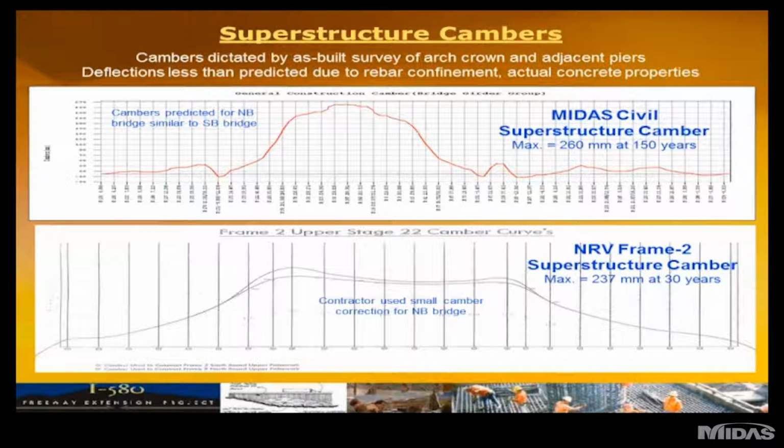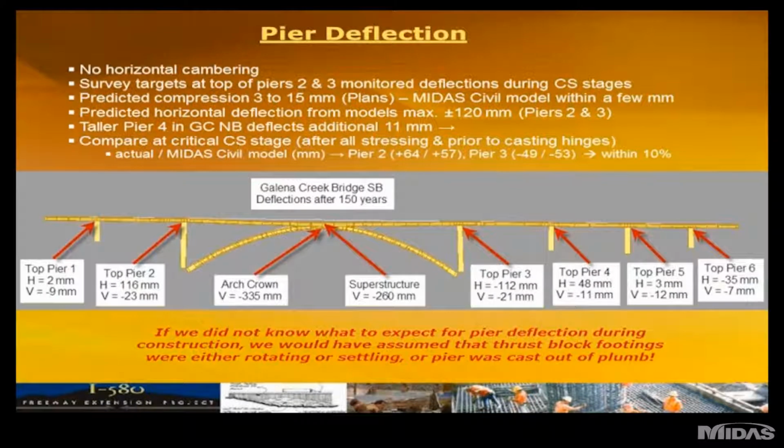Pier deflection was significant in this project, and the reason why is that, as you can see with the graphic in the center, the horizontal movements of some of the piers are upwards of 4 to 5 inches, piers 2 and 3, inwards. And these piers were cast without any horizontal cambering. They were survey monitored with targets on top of the pier.